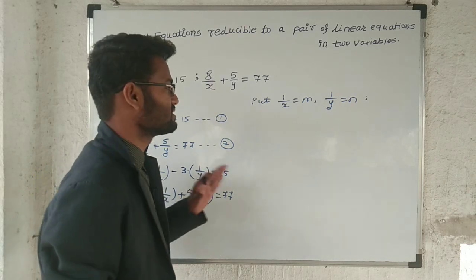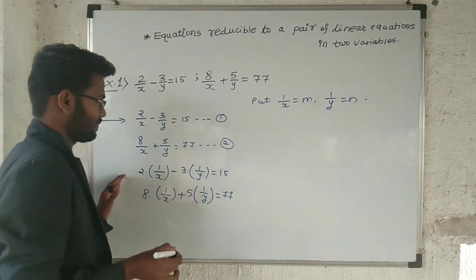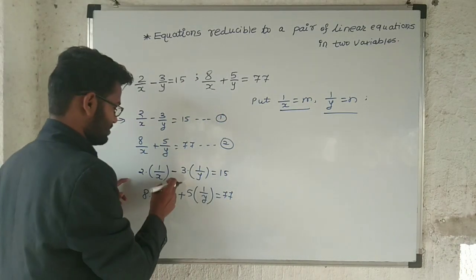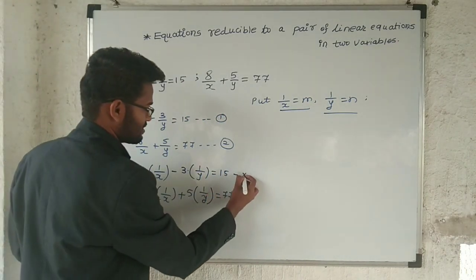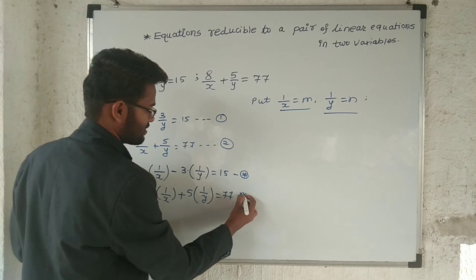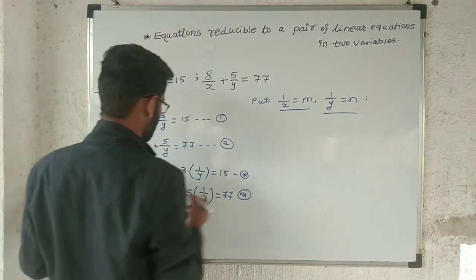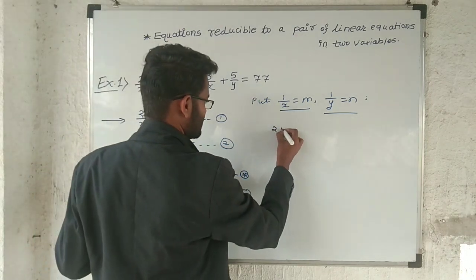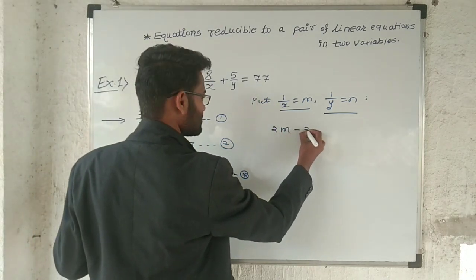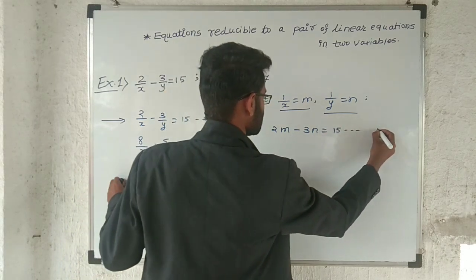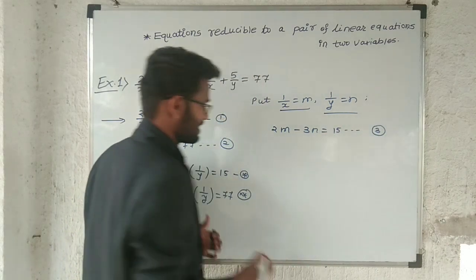Listen how to convert. Put these values in the equations. From this we get twice m minus thrice n is equals to 15. This is equation number 3.